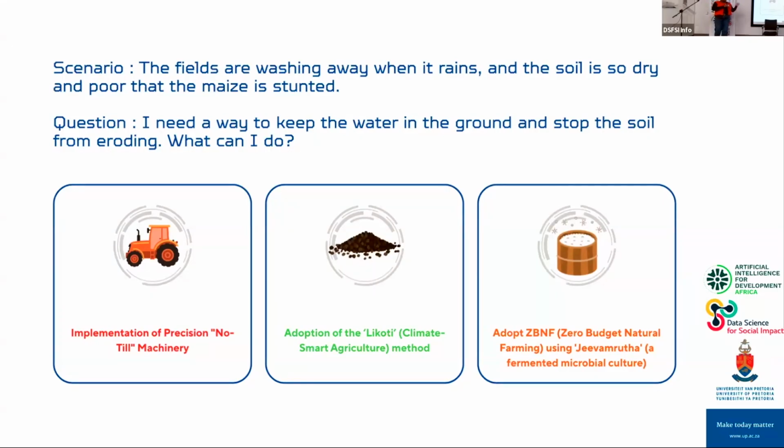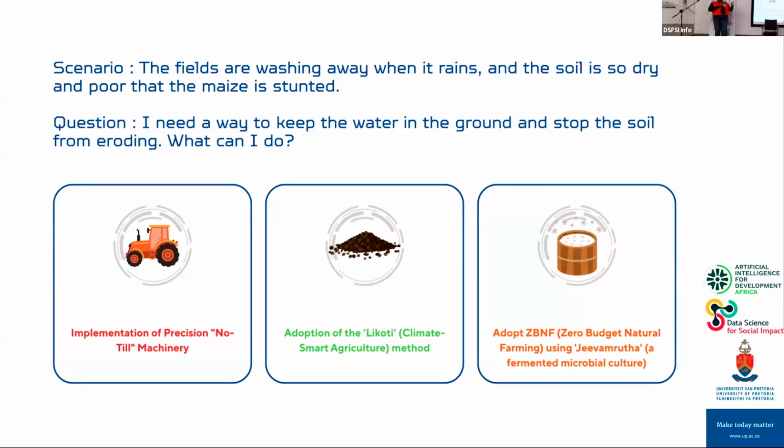Given that scenario, we are given 3 options. The first one is using precision no-till machinery. The second one is using a method known as Lekoti. And the third one is using a zero-budget natural farming method, which uses fermented microbial cultures. Technically, all of these answers are correct. But for the first one, the no-till precision, in a country like ours, this would be very expensive for someone to try to use.